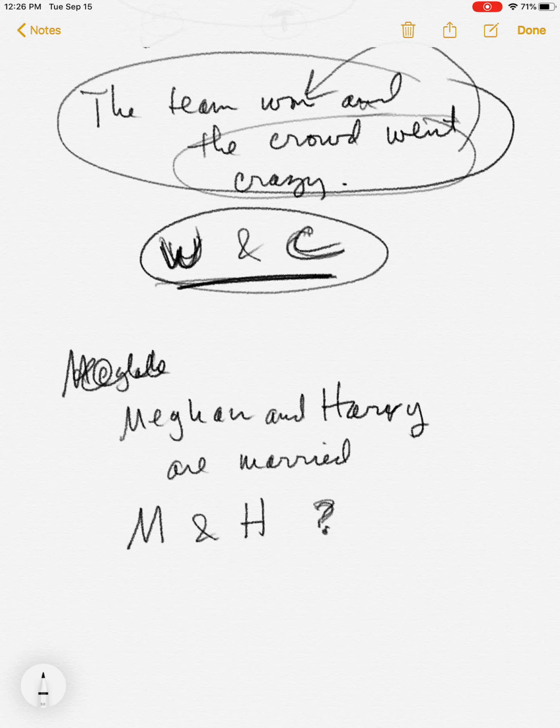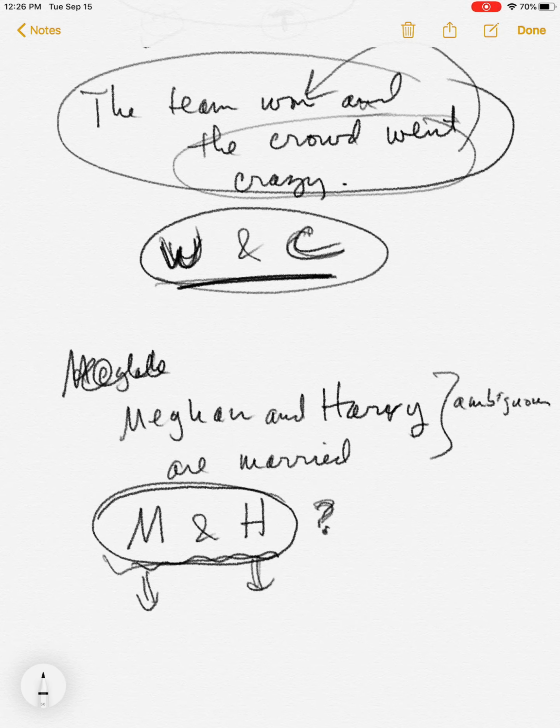Look, one possibility is, it depends on what you mean. I think that this is actually an ambiguous sentence in English, right? This could be true if Megan's married to one person and Harry's married to a different person, right? That this truth functional conjunction allows for that possibility.